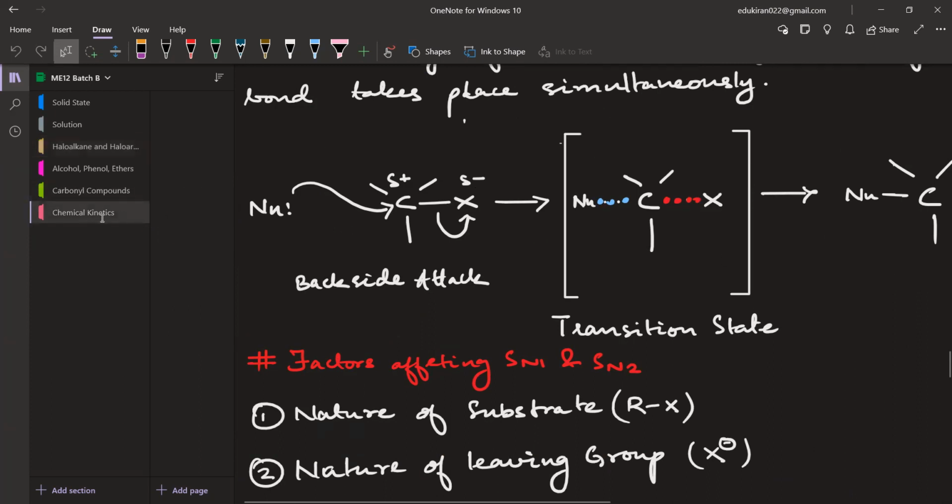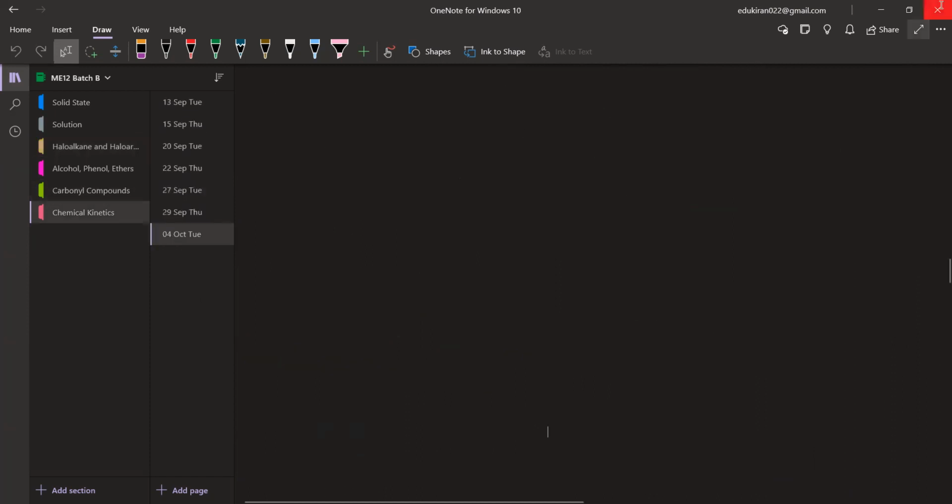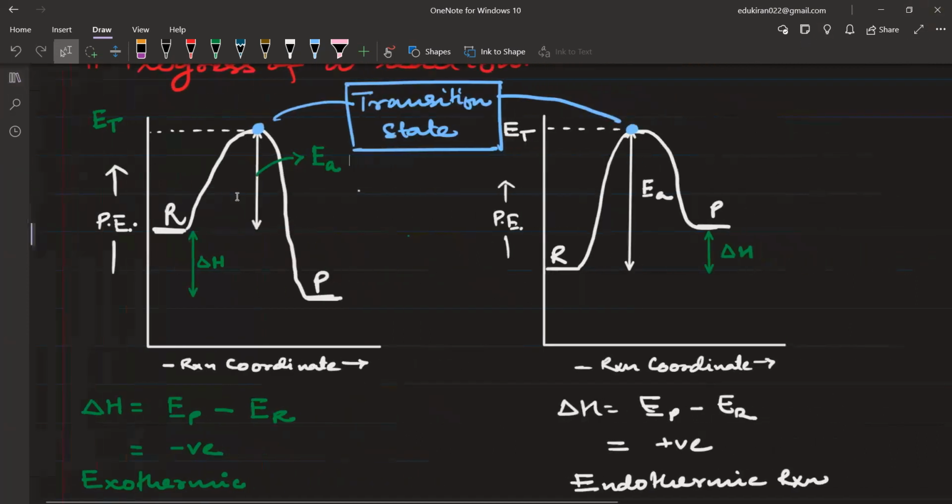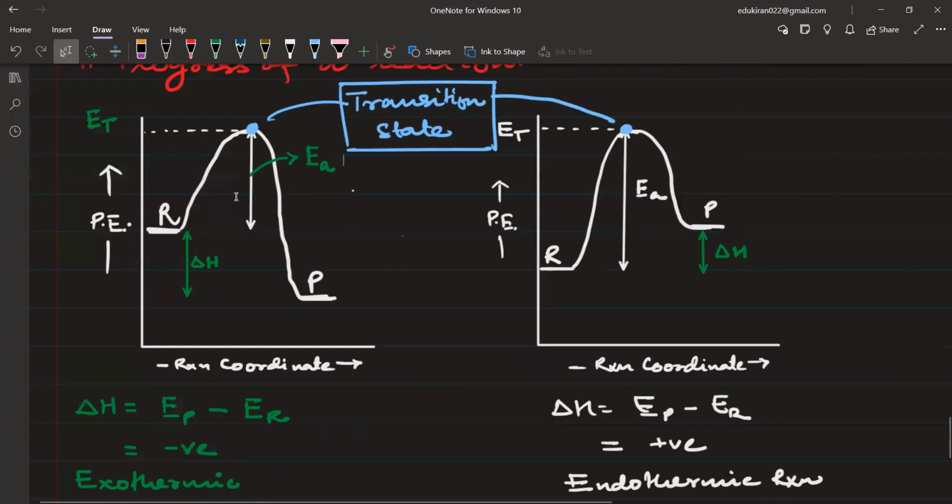But we'll take a more simple example. Draw these graphs. We'll explain each point. Not done yet, hurry up.